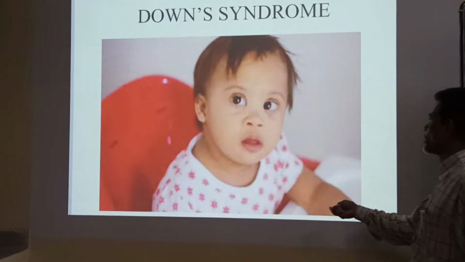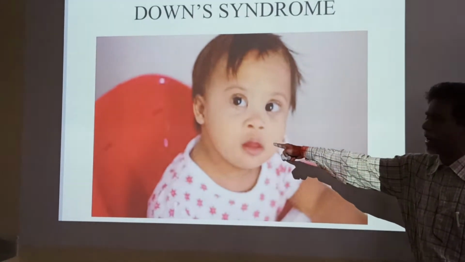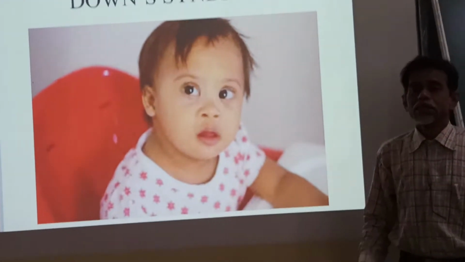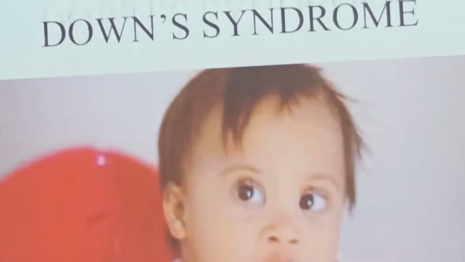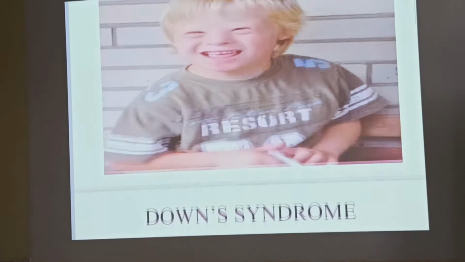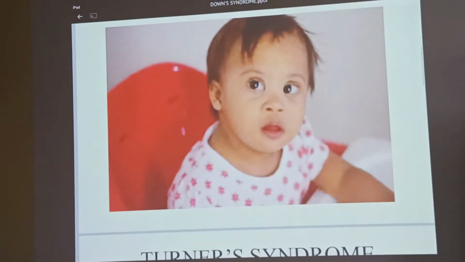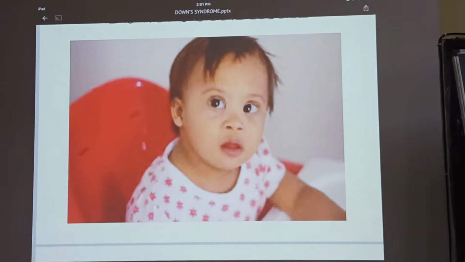See the mouth in both cases always remains open. The tongue is furrowed, and the height of the baby when grown to maturity remains quite small, not too high, very stunted growth.